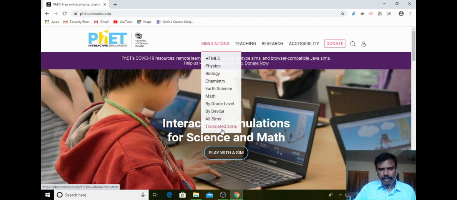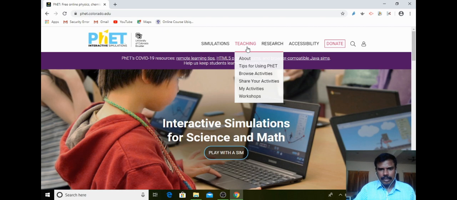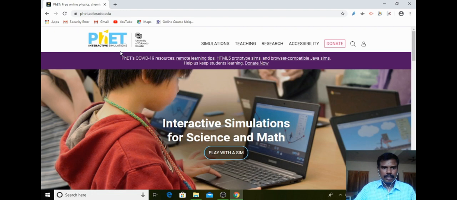There is also translated simulations. You can use the already simulated materials by others also, and you can see the teaching tips for using PhET and how to share, and the workshops conducted by PhET.